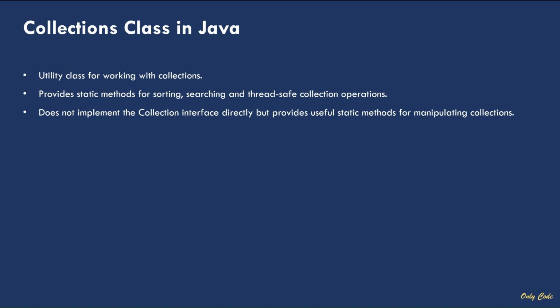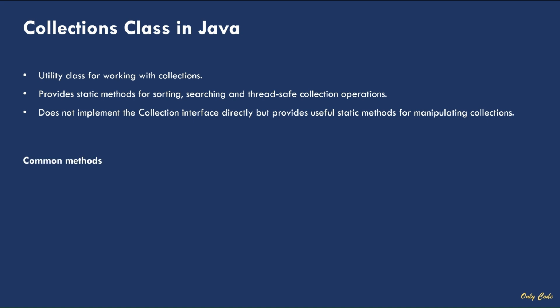Importantly, the Collections class does not implement the Collection interface, but it works with all types of collections in the framework, including list, set, and queue. It provides methods to manipulate these collections in various ways.